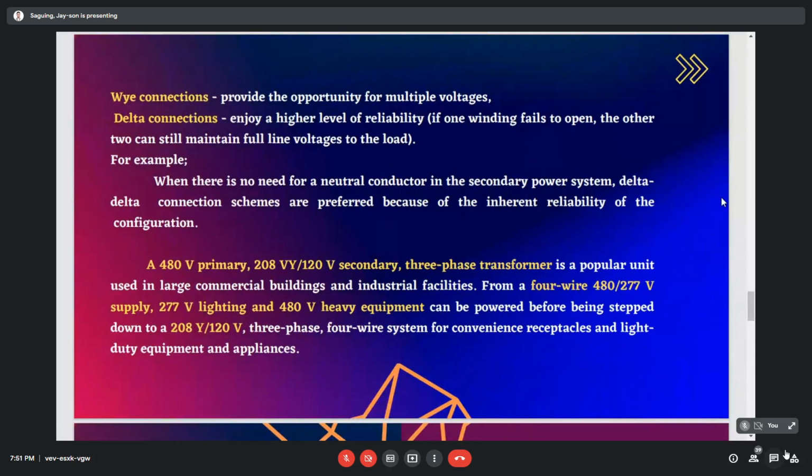From a 4-wire 480 over 277 volt supply, 277 volts for lighting and 480 volts for heavy equipment can be powered before being stepped down to 208 Y over 120 volts. The 3-phase 4-wire system is for convenience receptacles and light-duty equipment and appliances. Next slide.